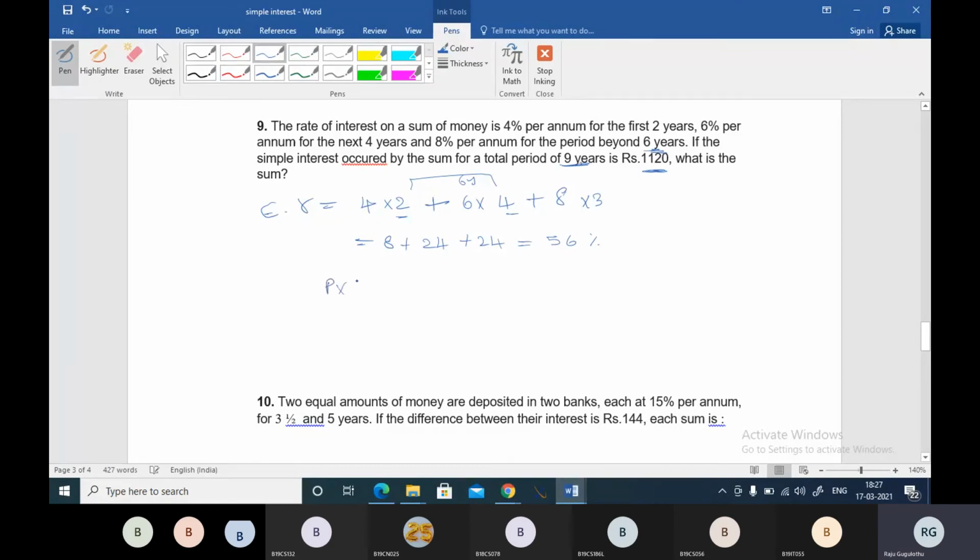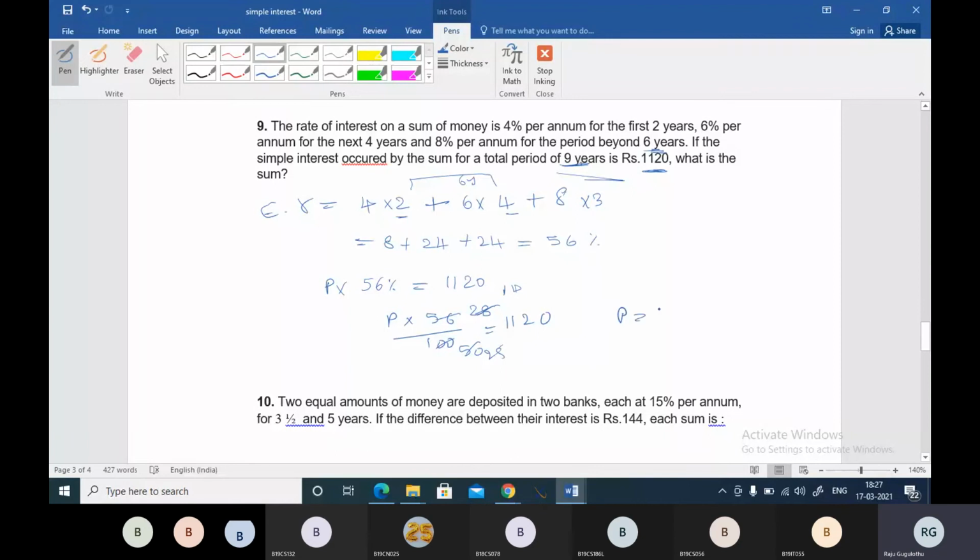Now your principal's 56% is your simple interest, boss. That is the question which is given here. Your principal's 56% will be 1120. Okay, and this principal into 56 by 100 will be equal to 1120. Either you can cancel here, 2 2s are 4, 2 8s are 16, 2 50s, 2 25s, 2 1s and 4s again.